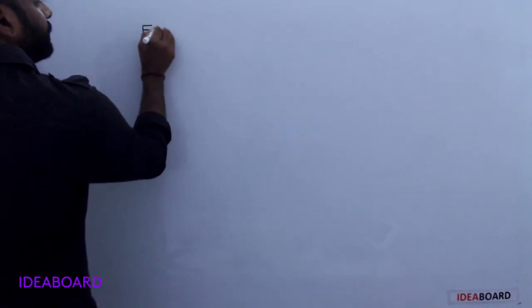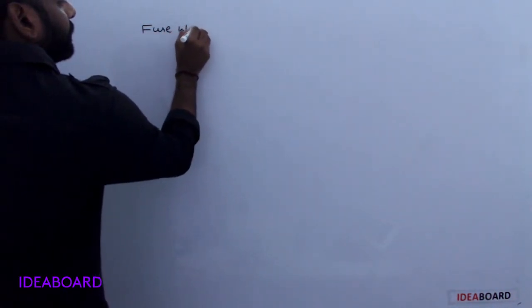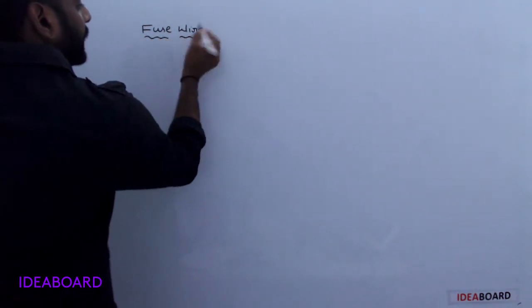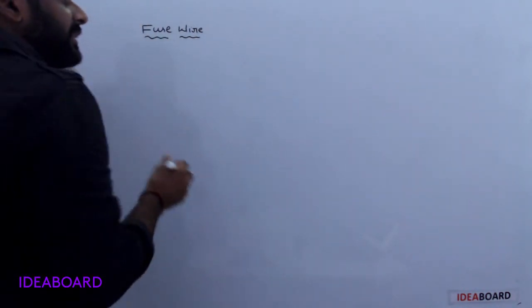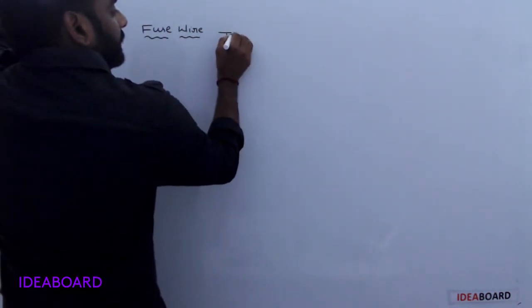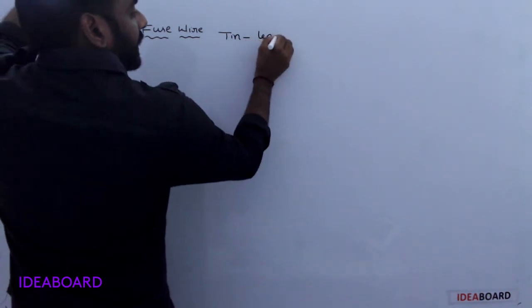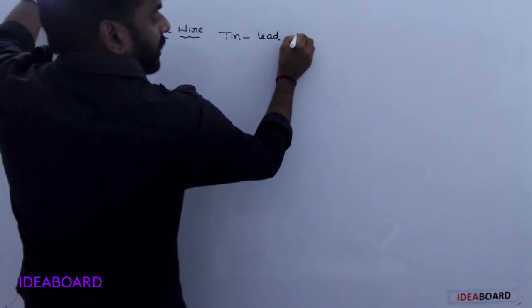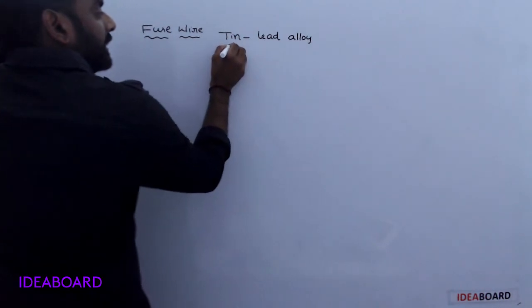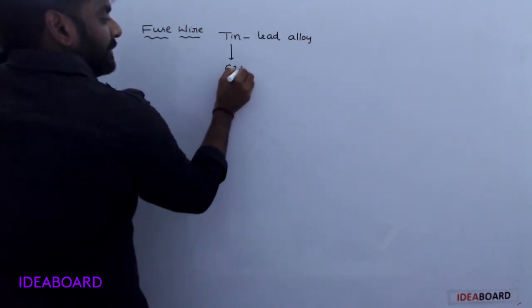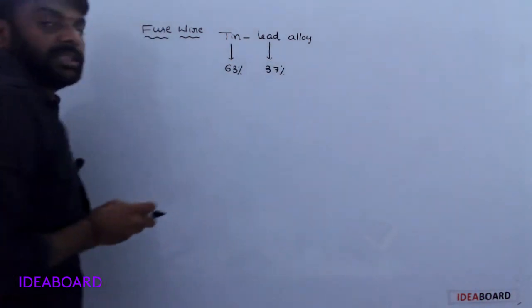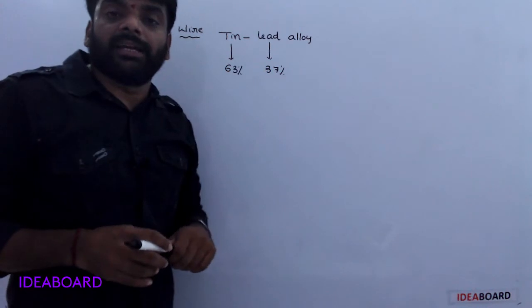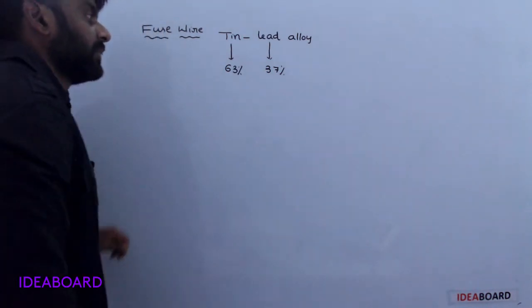So next one, fuse wire. Generally fuse wire made with tin, lead alloy. Here tin 63 percentage, lead 37 percentage, understood?